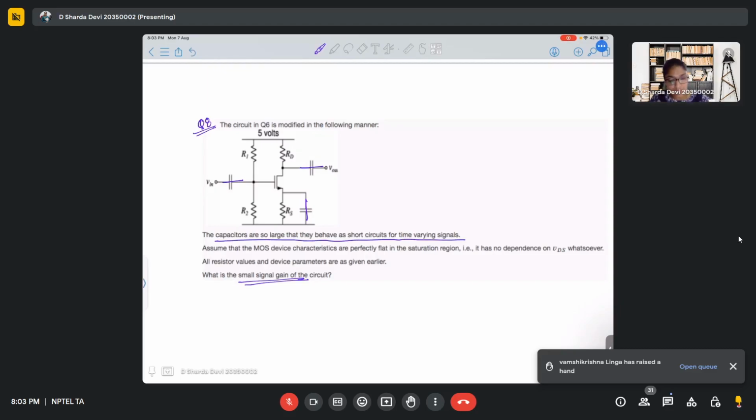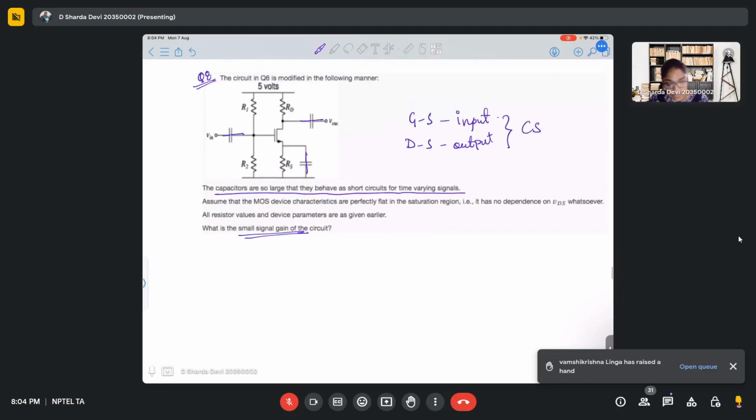So what are the two ports that you have? GS is your input port and DS is your output port. So the configuration is CS, and for CS configuration the small signal gain is GM RD, simply GM into RD, and negative. Why negative? Because you see a 180-degree phase shift in your signals. So the gain is GM into RD.